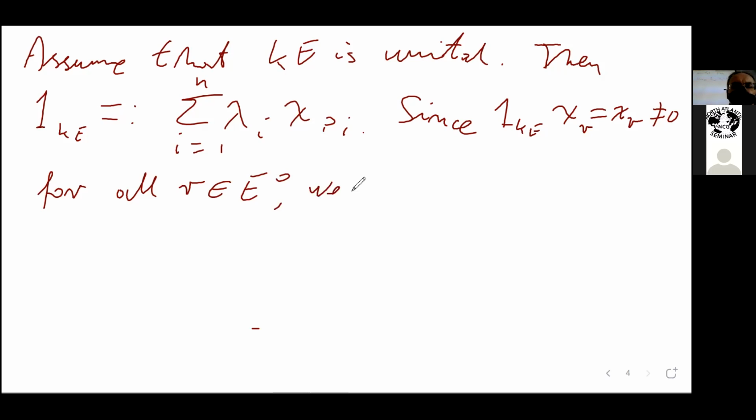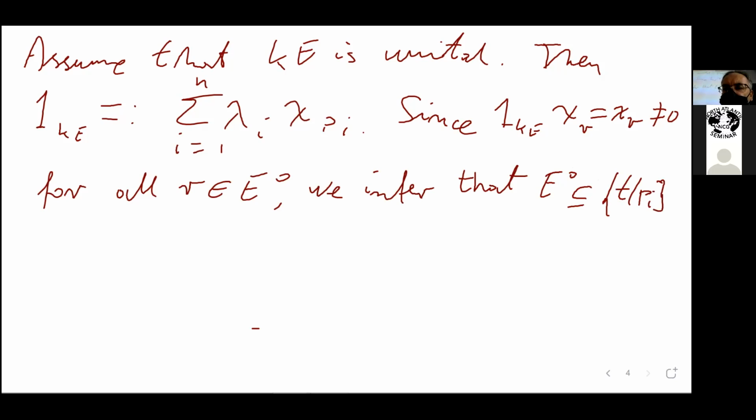Then we infer that E0 must be a subset of the set of all endpoints of pi, where you run your i from 1 to n.